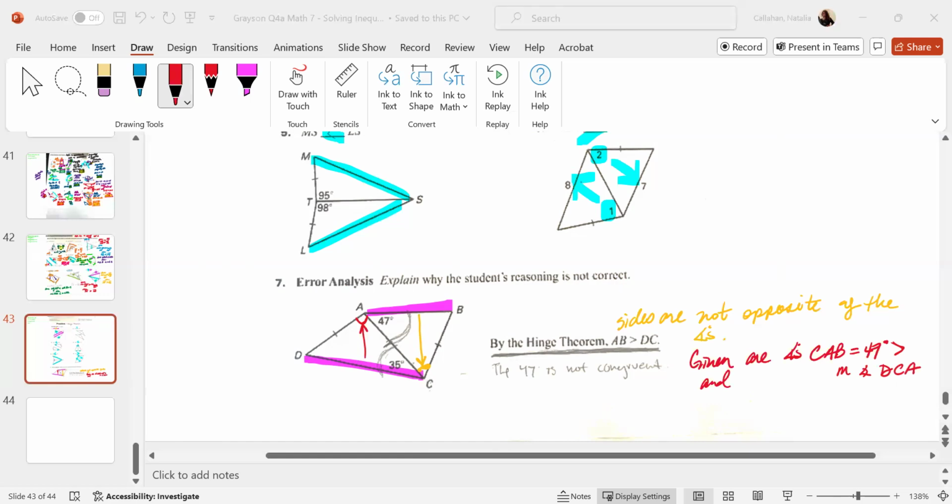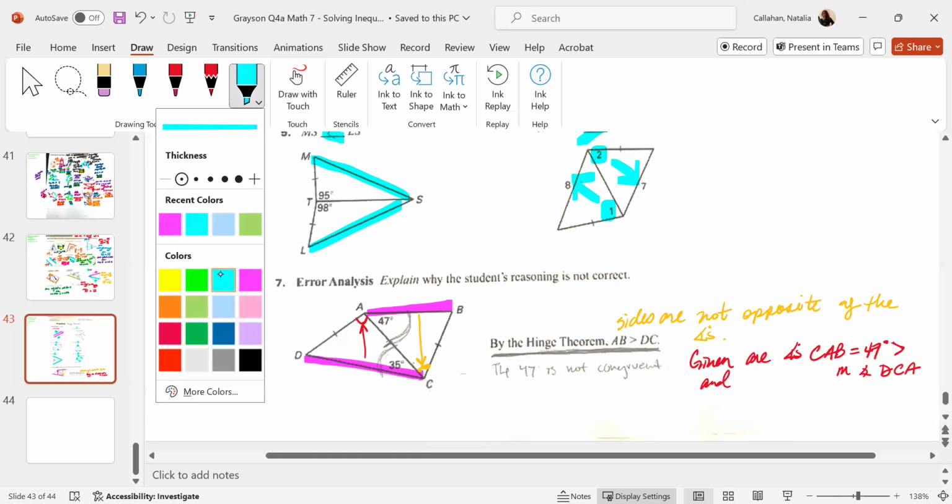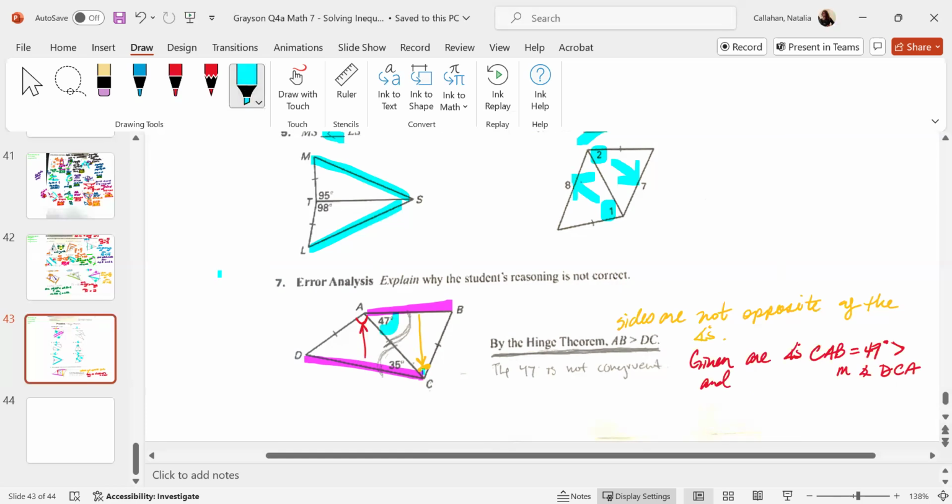Okay. Now, what side is opposite of this angle? It's this side, BC. Do you see that? What side is opposite of the 35? It's AD. So then you can say then CAB, opposite of that is BC. BC side is greater than opposite of DCA is AD. That's what you can say.